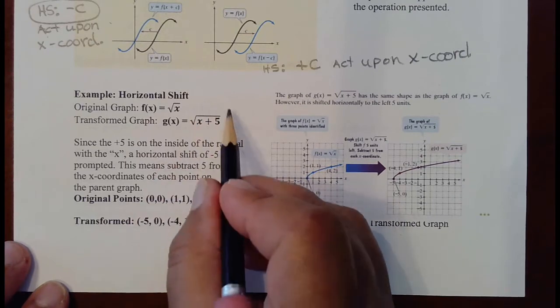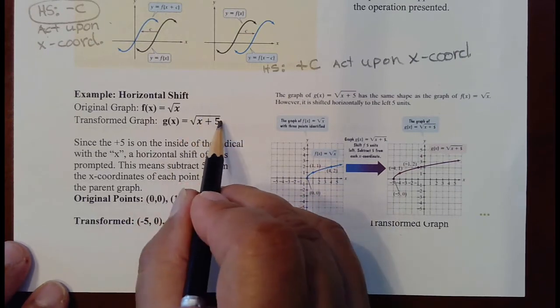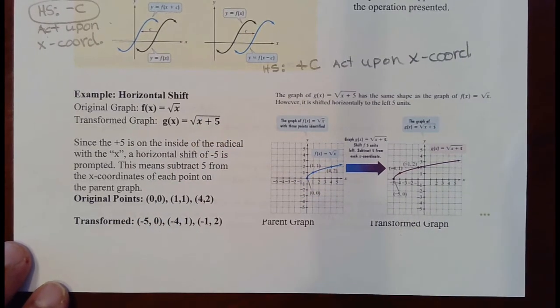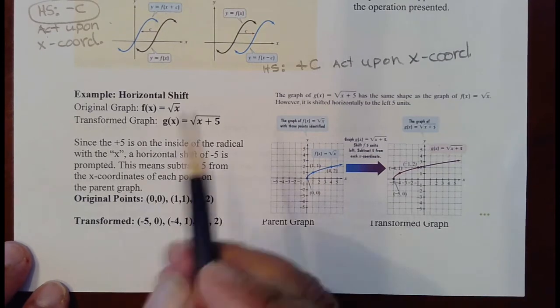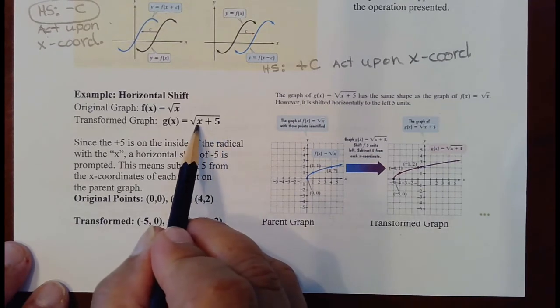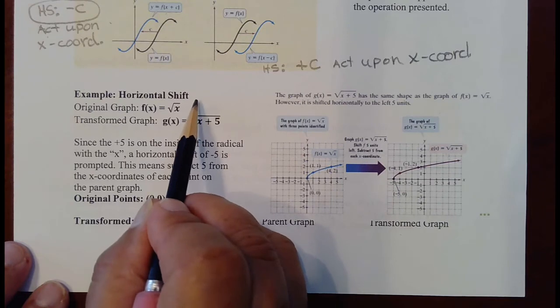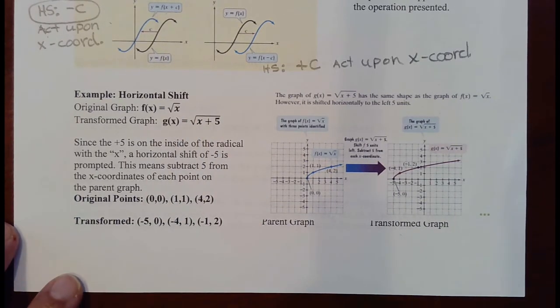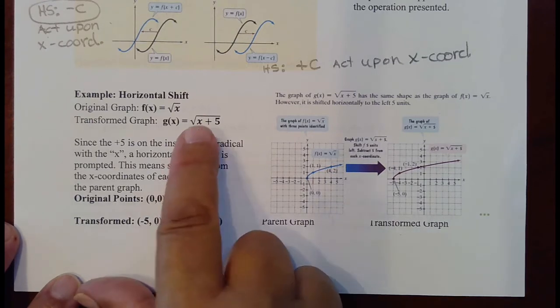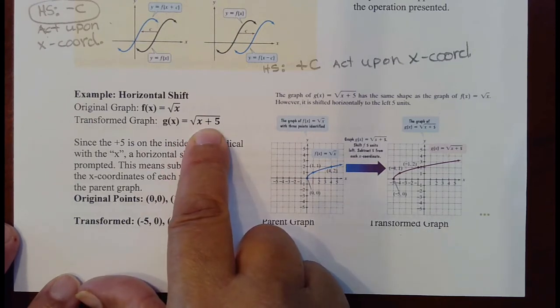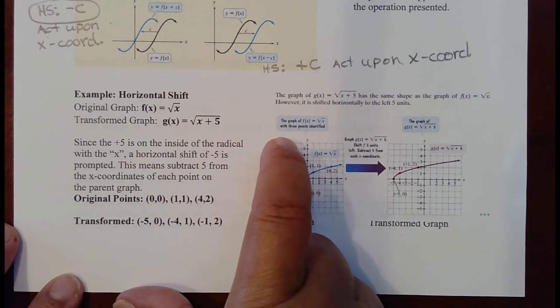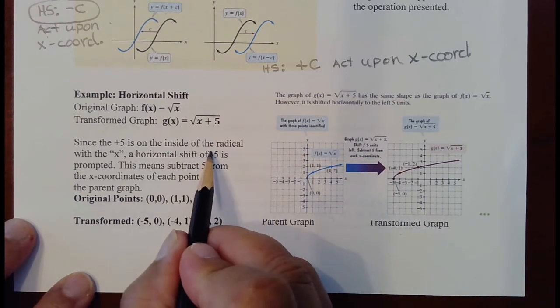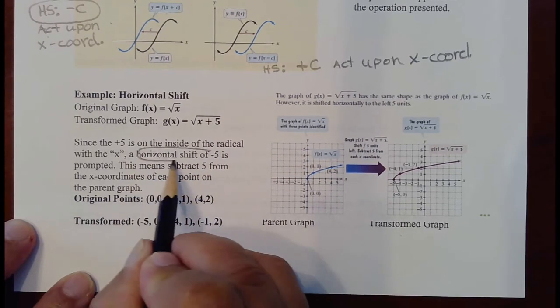So it is hanging around with the X instead of the 5 being on the outside of the radical. So this is a horizontal shift, and we have to remember that even though it's presented in the new function as a positive 5, we really need to switch it and do a horizontal shift of negative 5. So we're really going to be subtracting 5, and we're going to be doing it on the X's.